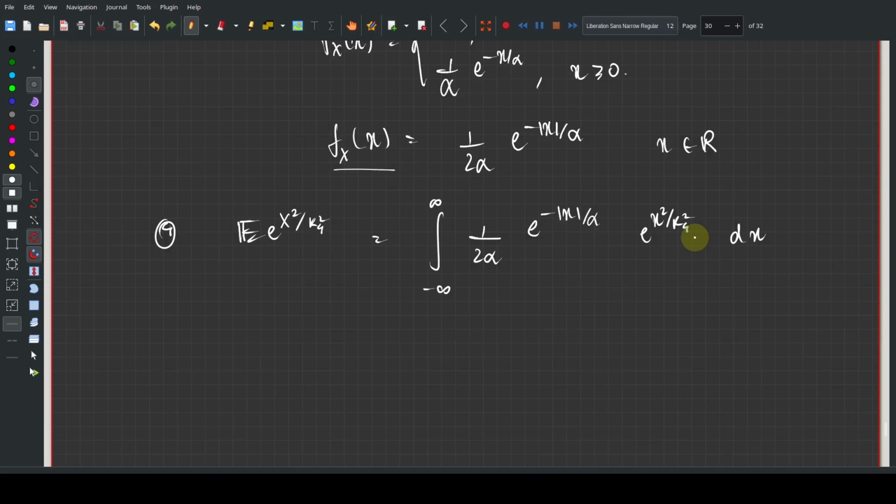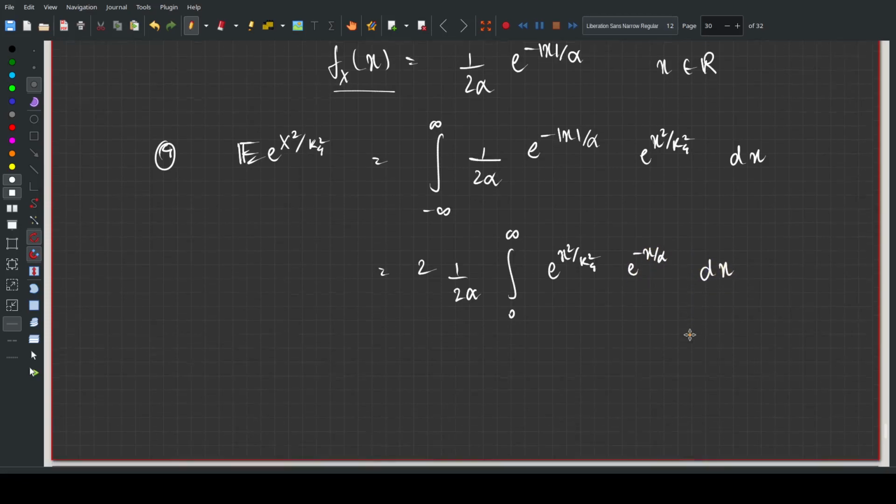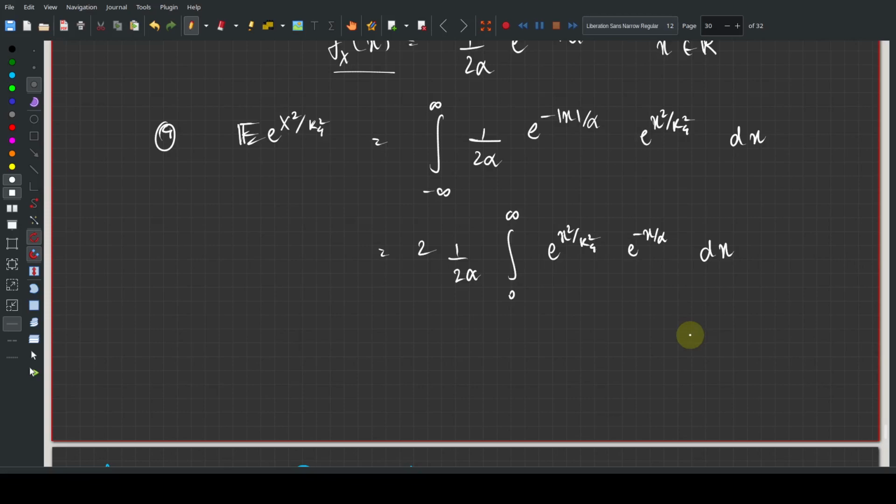But this is really symmetric in x, right? So this is effectively equal to 2 times 1 over 2 alpha integral 0 to infinity e to the x square by k4 square e to the minus x by alpha dx. Okay, so these 2 and 2 get cancelled.